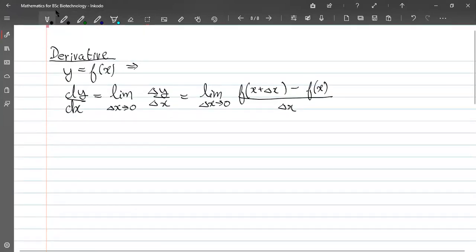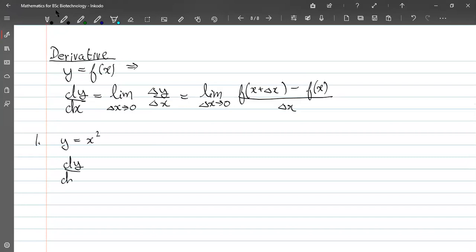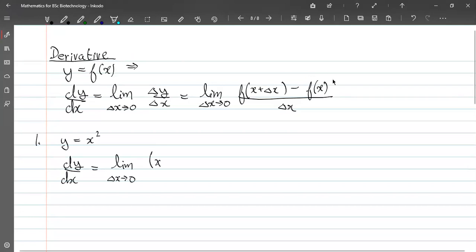So to show you how this fits what we already did, if you take y equal to x square, then dy by dx, according to this, is x plus delta x the whole square, because f of x means x square, right? So this is f of x.